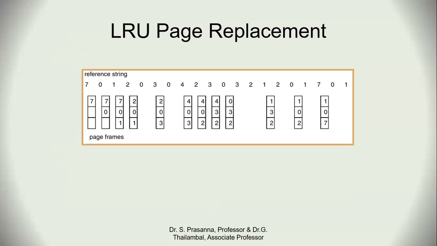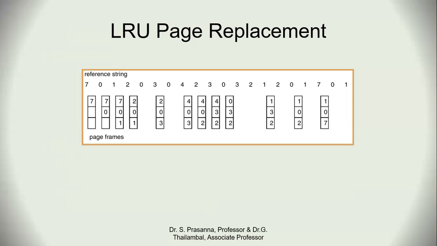When you take the next value 3, out of 2, 0, 1, after 3 you can see that 1 is referenced only after a long time. So therefore 1 can be used as a victim for changing the value to 3, giving 2, 0, 3.